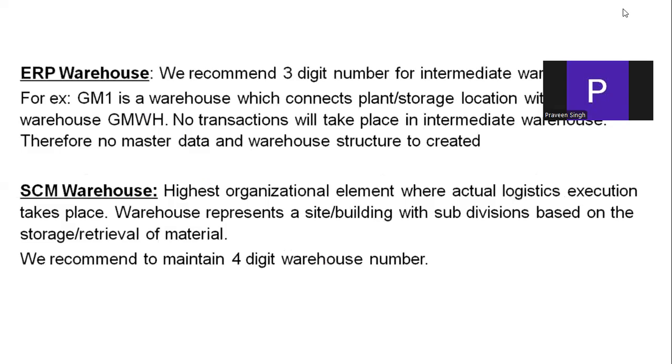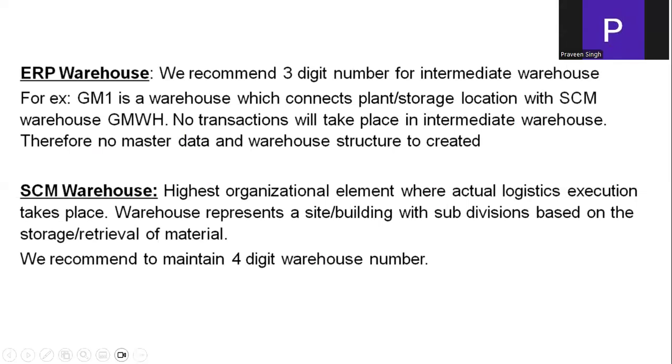So coming to the ERP warehouse, as I already told you, the basic ERP warehouse has a three-digit number. The intermediate warehouse connects plant and storage location with the SCM warehouse, which is a GMWH, and no transaction takes place in the intermediate warehouse.